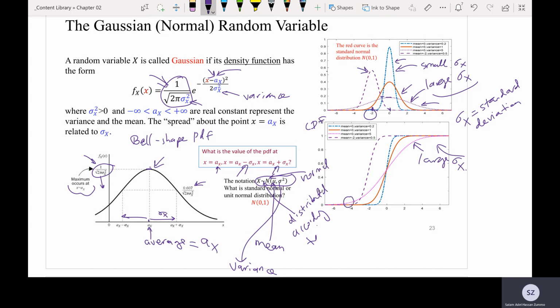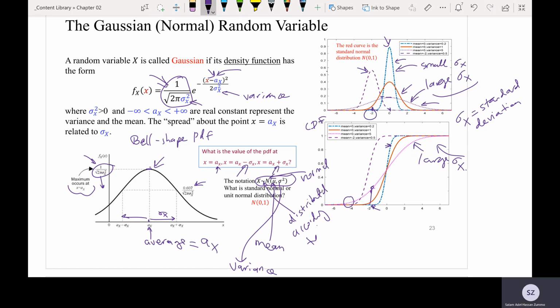The probability that x is less than -2 is a good number, probably more than 0.2. But if I go to the small variance, which is this one, what is the probability that x is less than -2? Almost 0. Why? Because most of the probability, the total equal to 1, is concentrated around the mean, whereas here, no, it's very wide.